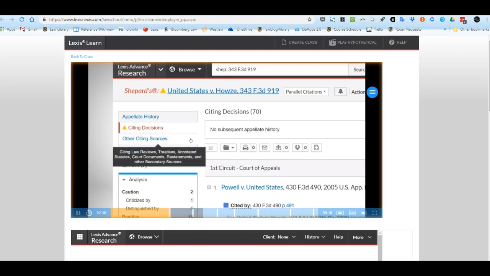Secondary sources lists articles, treatises, statutes, court documents, briefs, pleadings, and motions, restatements, and other secondary sources that have cited to your case. And Table of Authorities provides a helpful and convenient listing of all authorities, both primary and secondary, cited in your case, and indicates Shepard's treatment symbols for each of those cases.